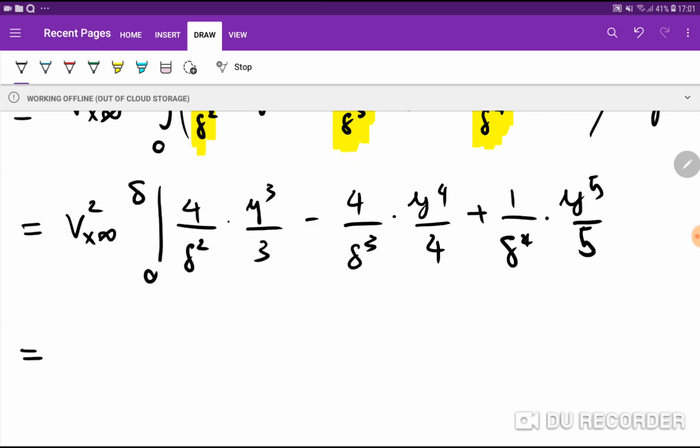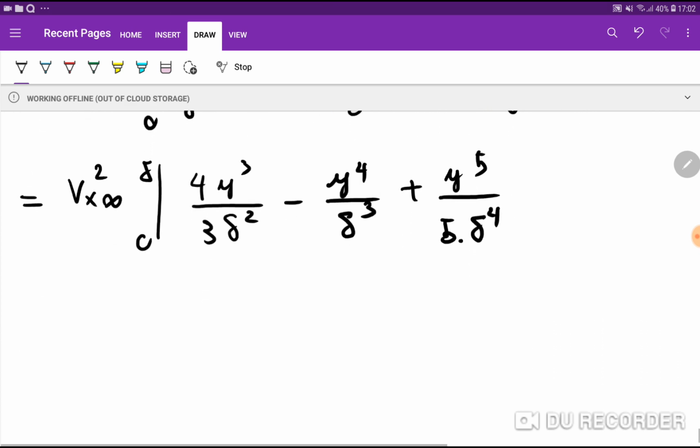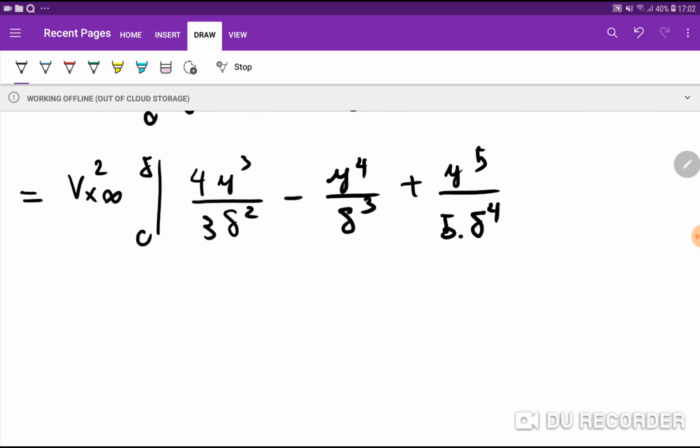Let's go ahead and clean it up. So vx infinity squared, from 0 to delta, of 4y cubed over 3 delta squared minus, the 4s cancel out, so it's just y to the fourth over delta cubed, plus y to the fifth over 5 times delta to the fourth. Now you can substitute in delta and 0 for y.